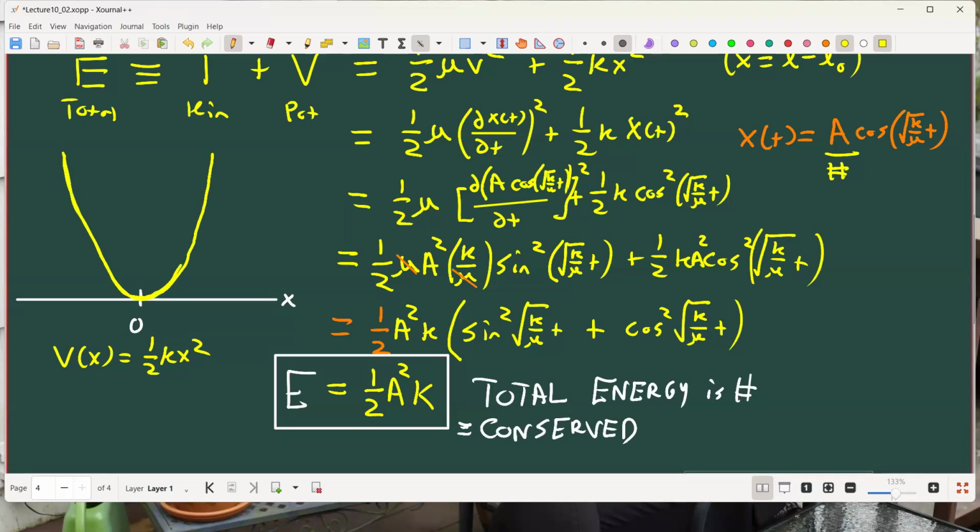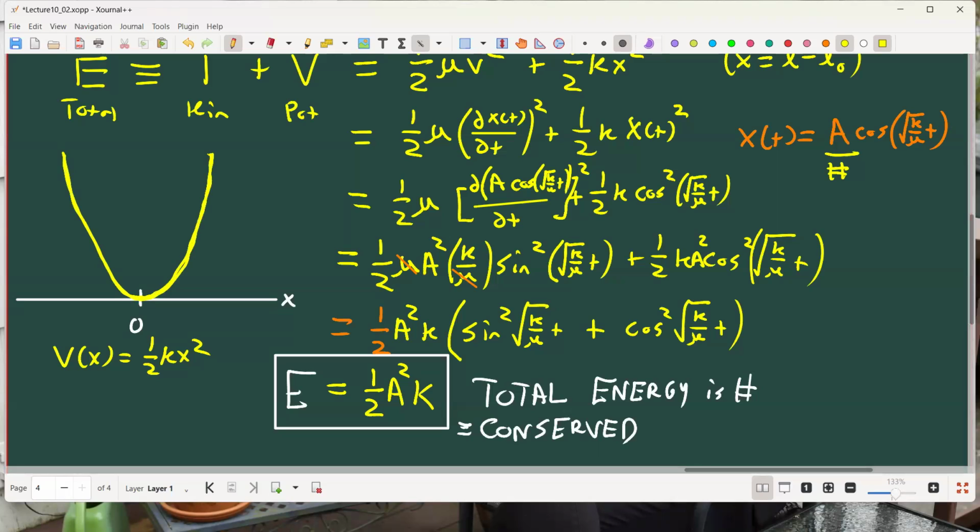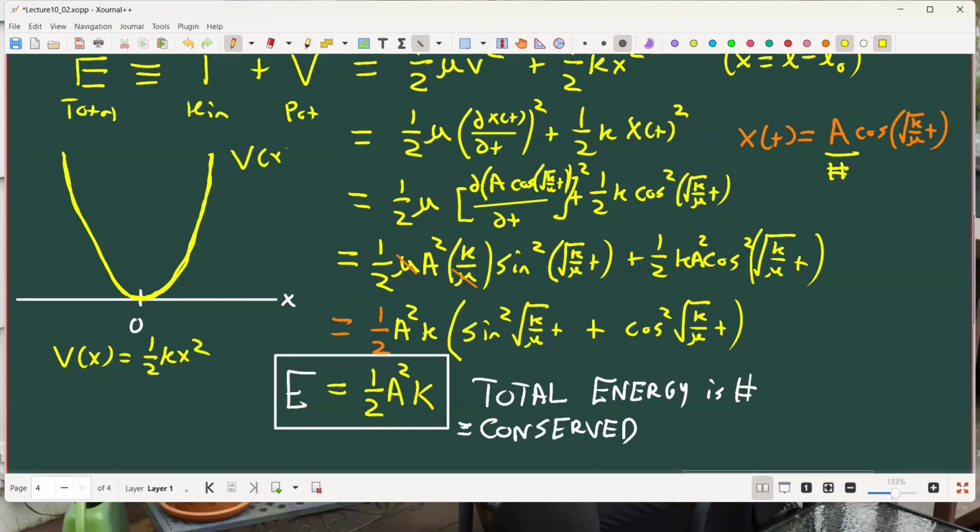This is my potential energy curve, just a nice smooth parabola. Each one of these positions corresponds to a different stretch or different displacement. And what it says is that at every point along this curve, the total energy is constant. No matter however much potential energy I have, I lose that in kinetic energy.